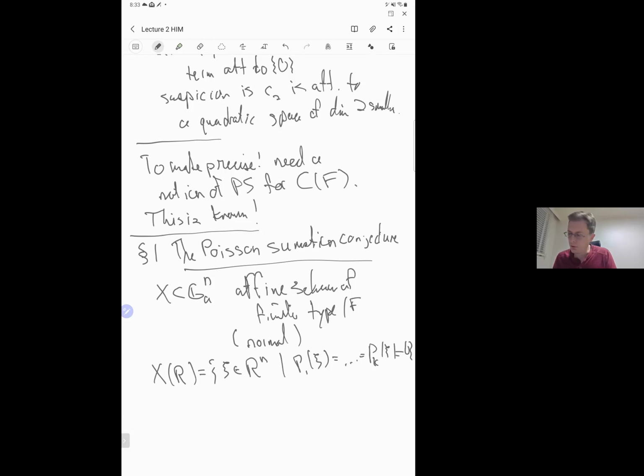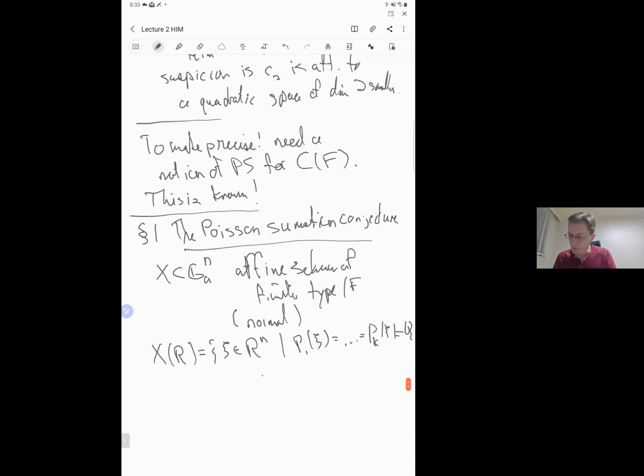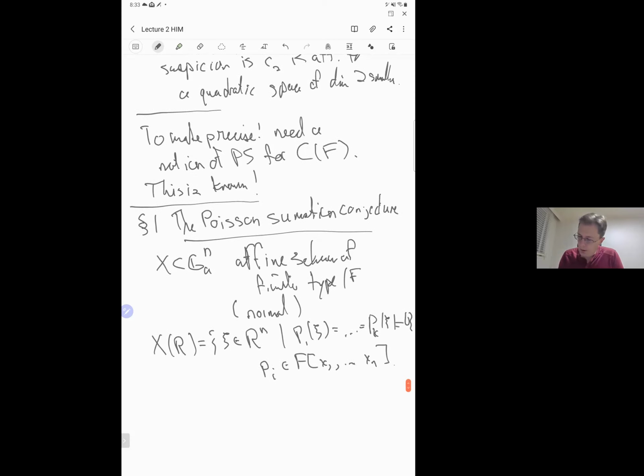So this is just the zero locus of some polynomials f_i in F[x_1, ..., x_n]. All right.